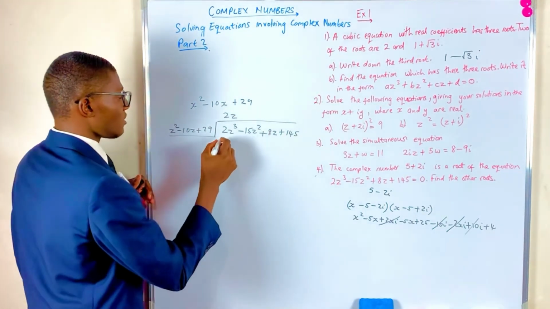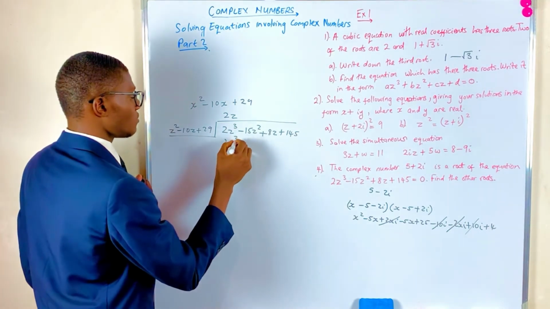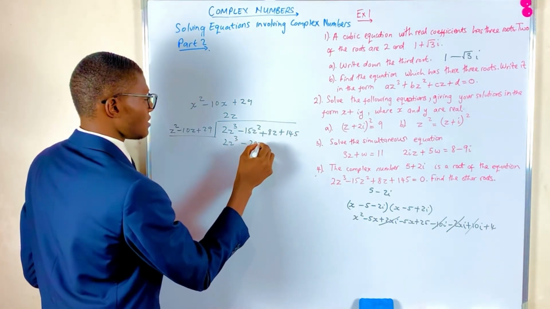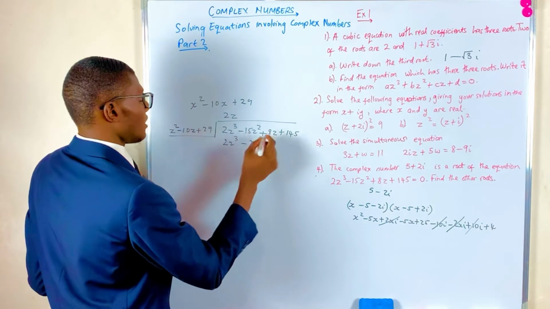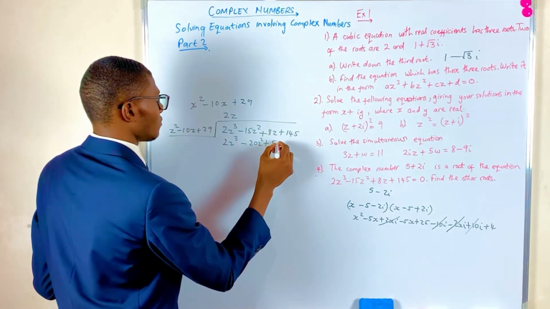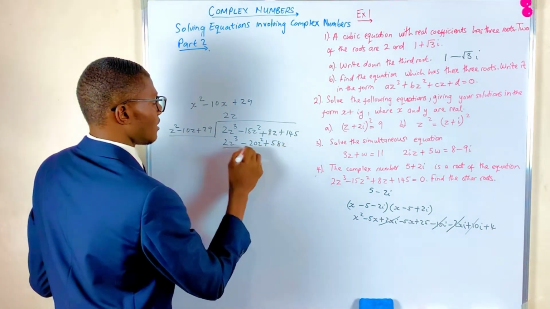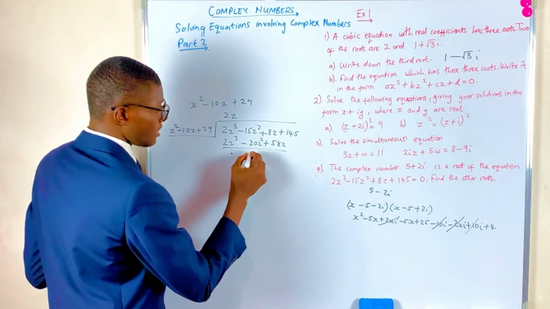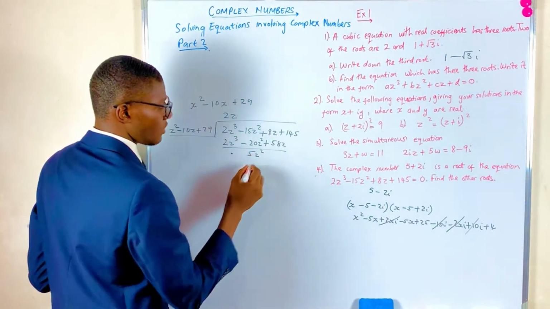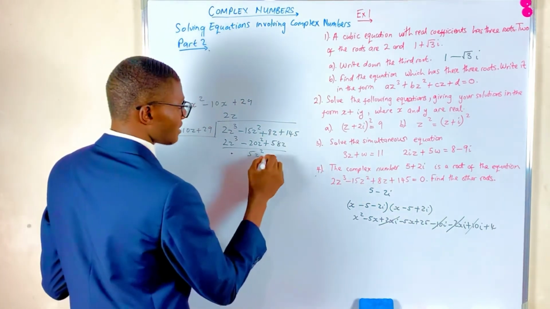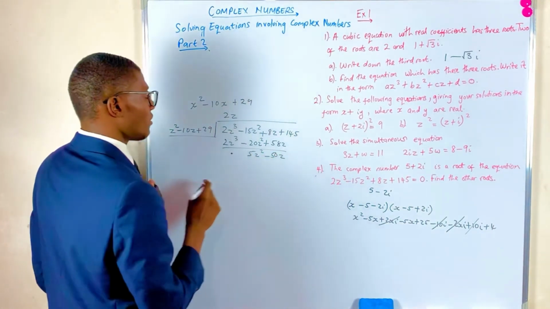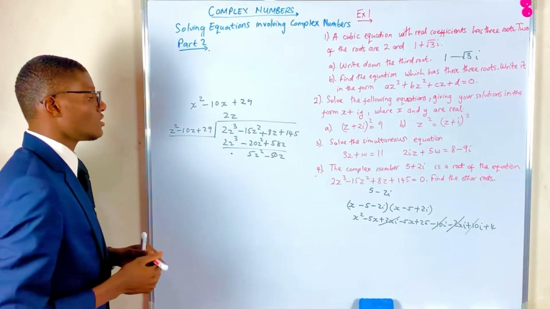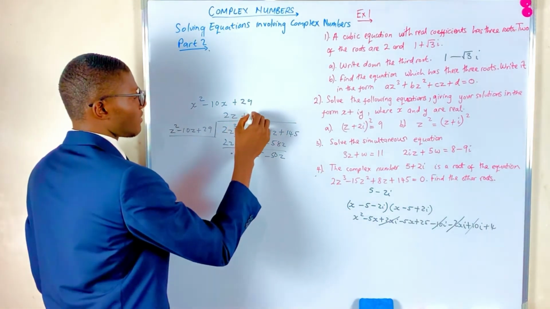Then we multiply 2z cubed minus 20z squared, and then plus 58z, like this. And this gives us a 0. Minus 15 plus 20, that's a 5z squared, and then 8 minus 58, that's minus 50z. Right? z squared into 5z squared, that's a plus 5.